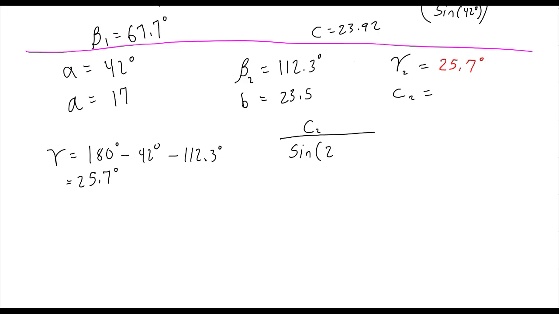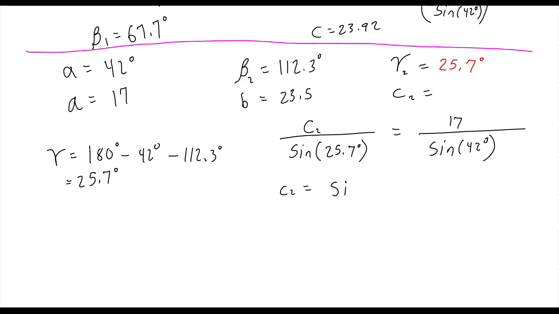using the law of sines and that now known gamma. Multiply both sides by sine of 25.7 degrees.